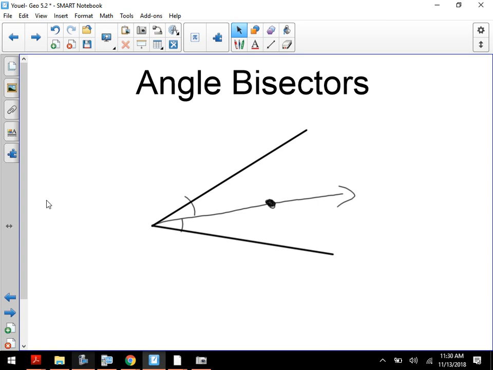So try and draw to the sides of the angle what looks like would be perpendicular. So you get something like that. Do you agree that you have 2 triangles there? I do. Are they congruent? By what?